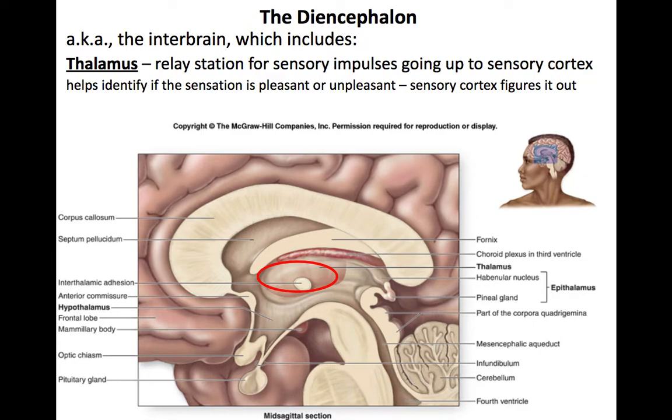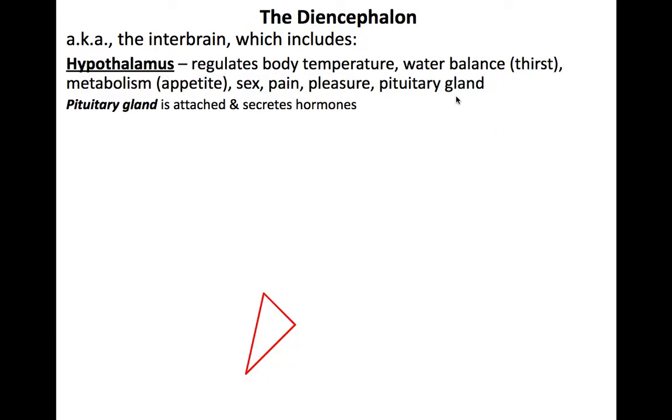If you're rubbing your hand along the concrete, it's probably going to feel unpleasant, and you're going to decide, I shouldn't do this, I could rub the skin off my hand. So the thalamus is the part of your diencephalon that sent the information to the parietal lobe. The parietal lobe then helps to figure out, is this good or is this bad?